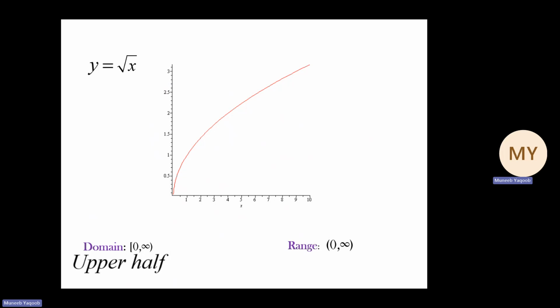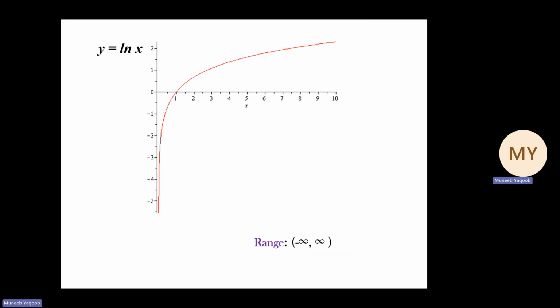And since positive infinity is not a defined number, we will make a small bracket for positive infinity because it is not a valid answer of the output value. Okay. So it is basically named as the upper half.